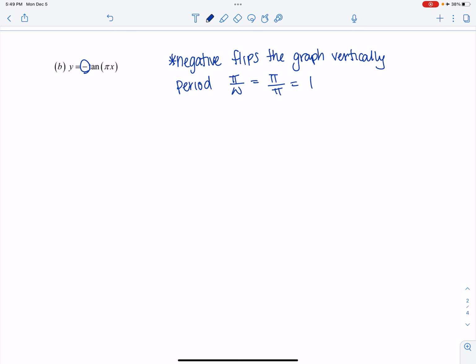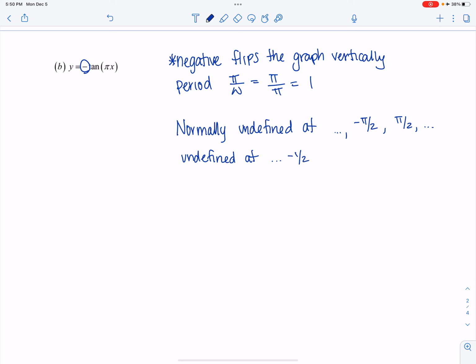Then we've got normally undefined at points like negative pi over 2 and pi over 2. We talked about that earlier. Now we're undefined at negative 1/2, positive 1/2, and so on like that.